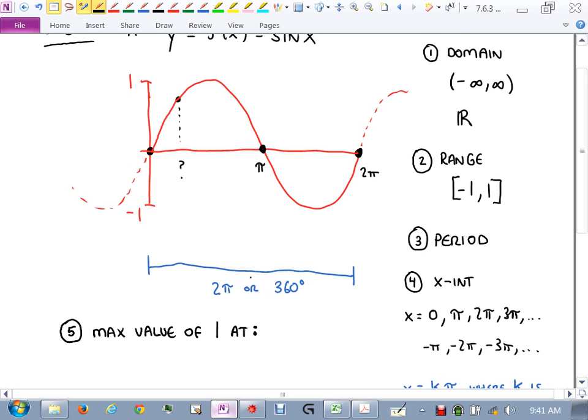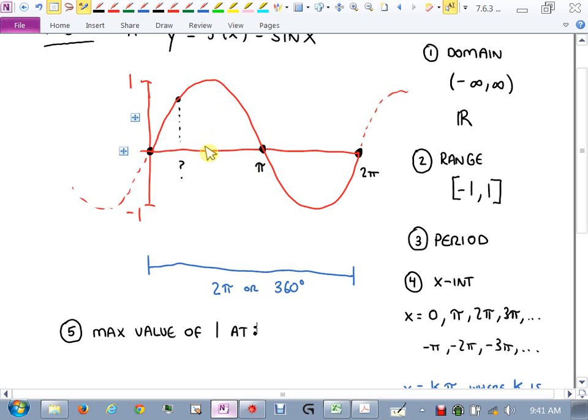The highest point that it ever reaches is 1, right? And then it comes back down, then it goes up to 1 again, then it comes back down, goes up to 1 again, comes down. So that keeps happening, right? My question is, where does it hit 1?